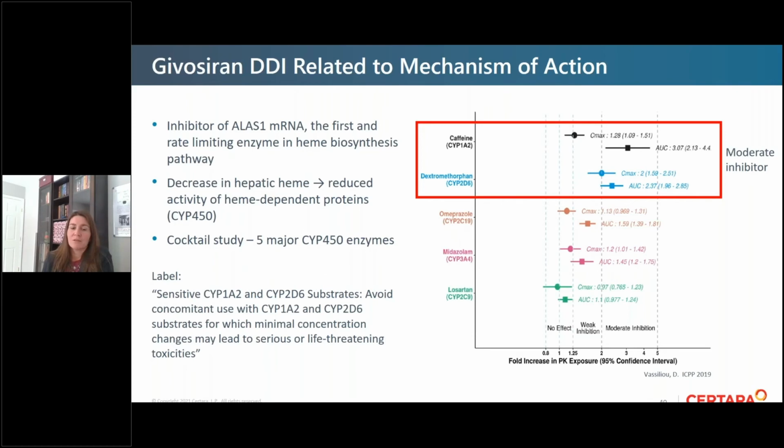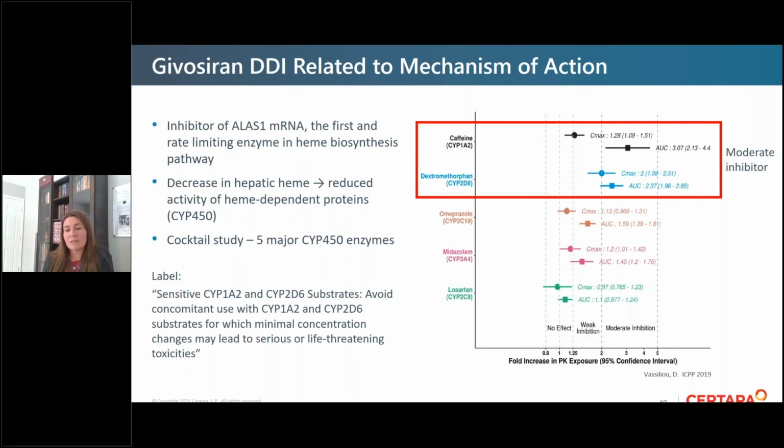So just based on the pharmacological cascade of events, there could be a reduction of proteins and an impact on CYP450 function. This was an interesting study from my perspective, a cocktail study that tested five major CYP450 enzymes in one study, and they investigated the impact of givosiran on 1A2, 2D6, 2C9, 3A4, and 2C19.